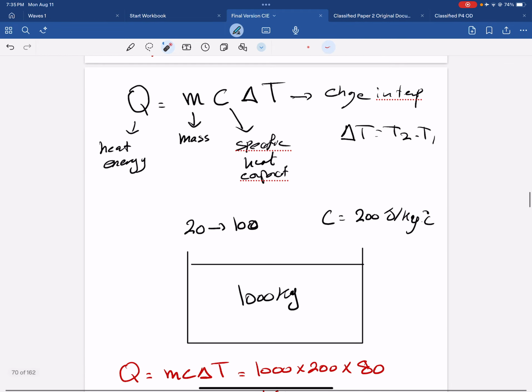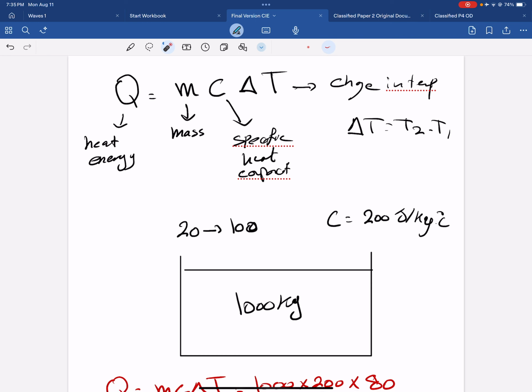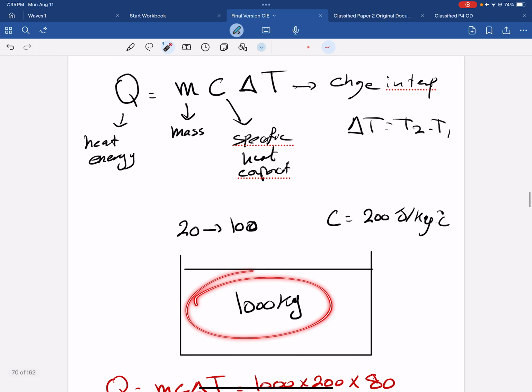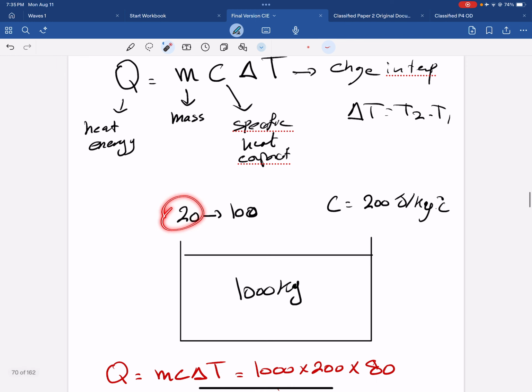So this is another example of the thermal energy. Now you have a mass of 1000 kilograms with a specific heat capacity of 200 joules per kilogram per degree Celsius, and you want to change its temperature from 20 to 100. So that is an 80 degree change, so delta T is basically 80.